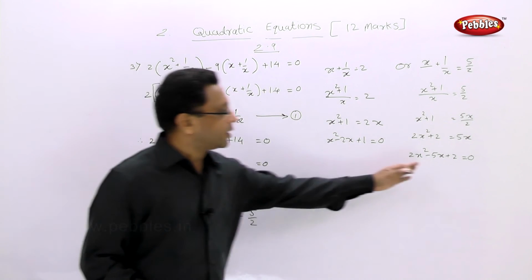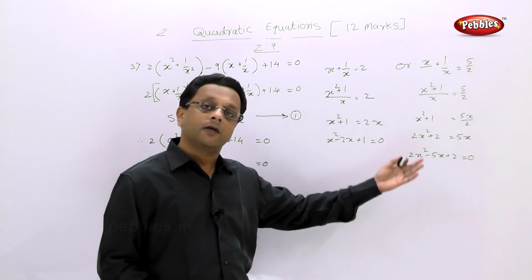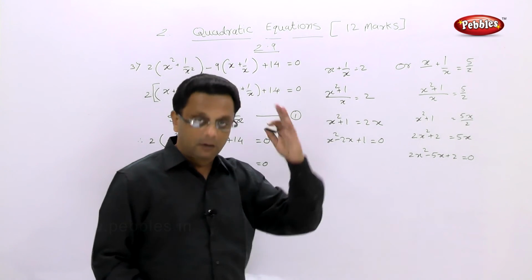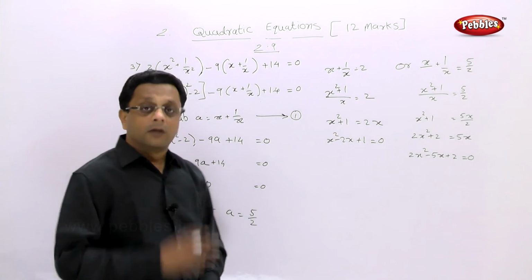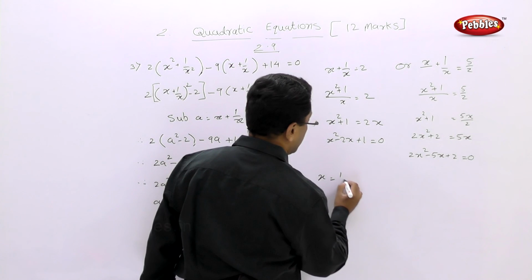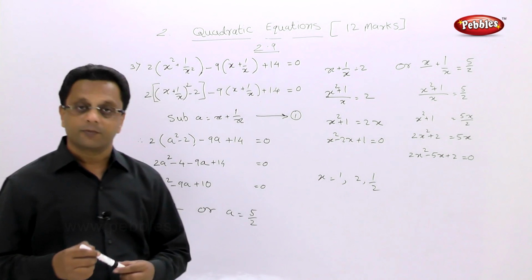So solve these two quadratic equations and find out the 4 values of x. Pause your video and solve these two quadratic equations now. The answer is x equal to 1, 2 and 1 by 2.